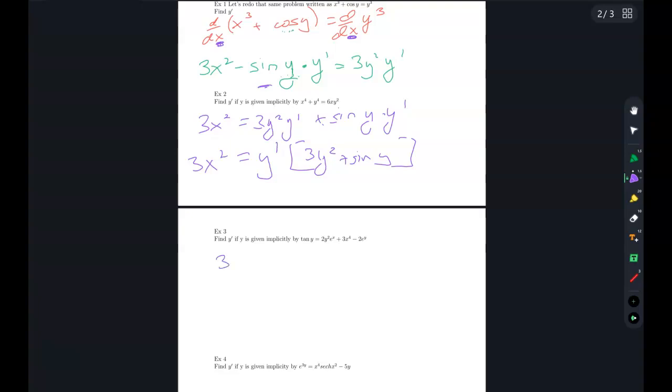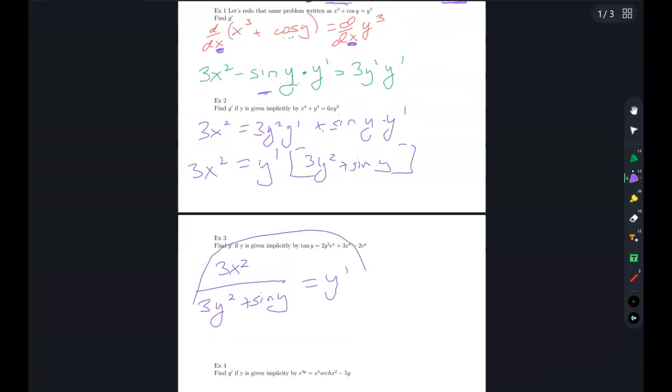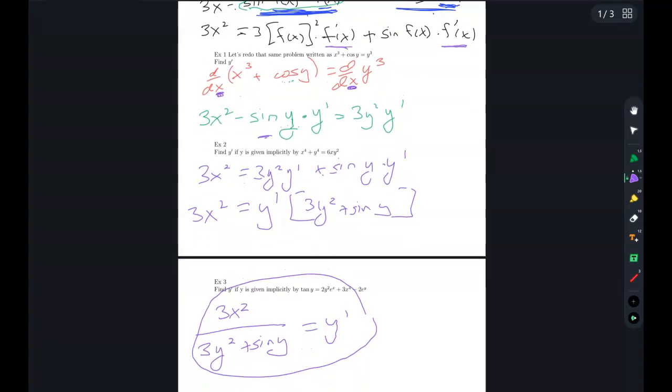So 3x squared over 3y squared plus sine of y equals y prime. If I compare this, I erased it, but it is the same where the y is an f of x.